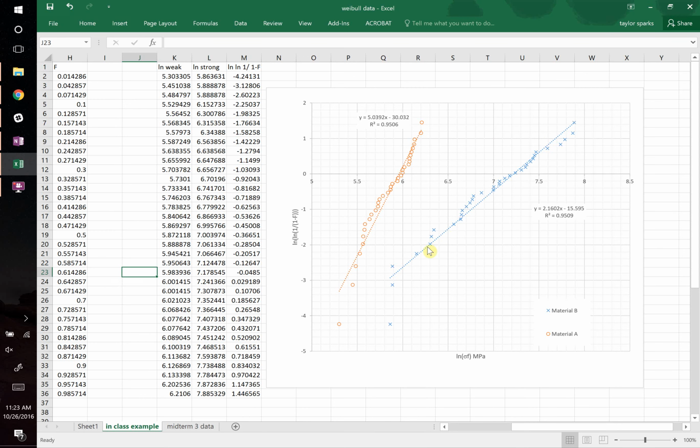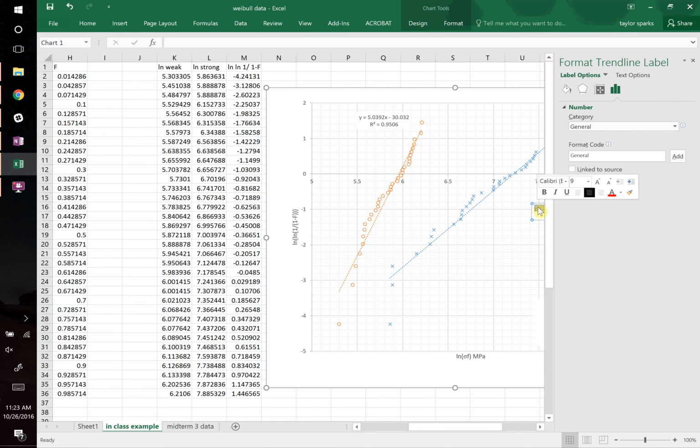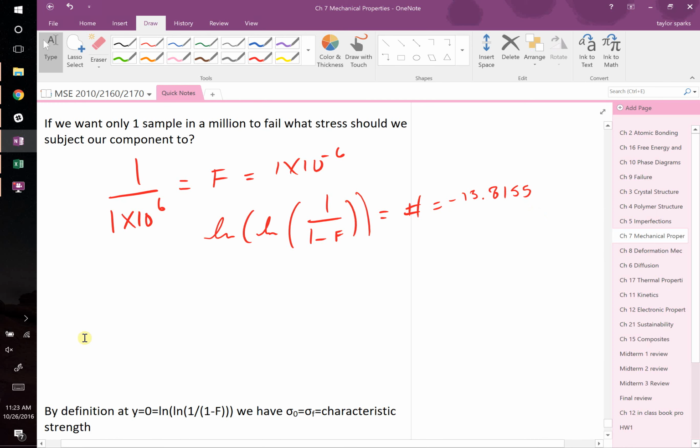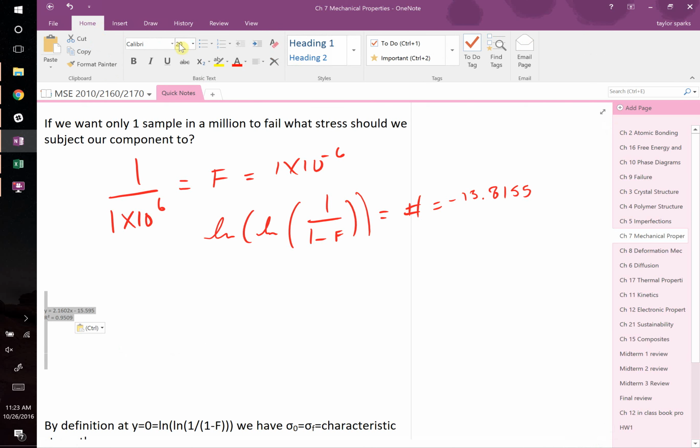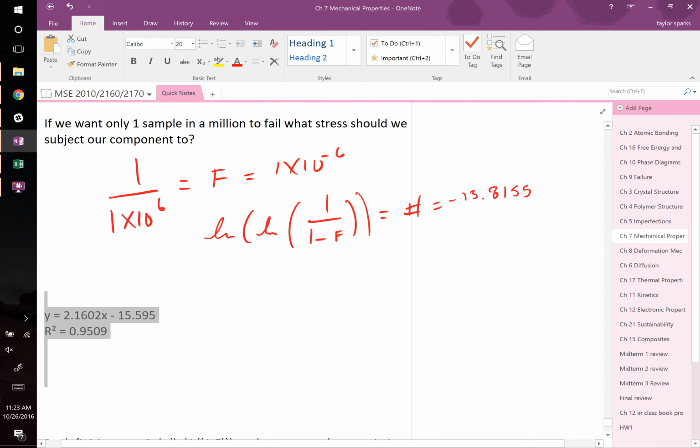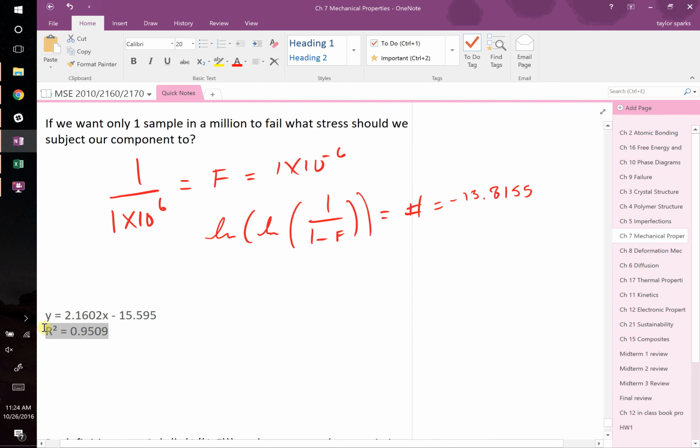Let's do it for the blue data set. The y equals mx plus b is as follows, right? It's this thing. Let's just grab it. Right, that's our data. Let's make that a little bit bigger to see it easily. Okay, that's our y equals mx plus b.